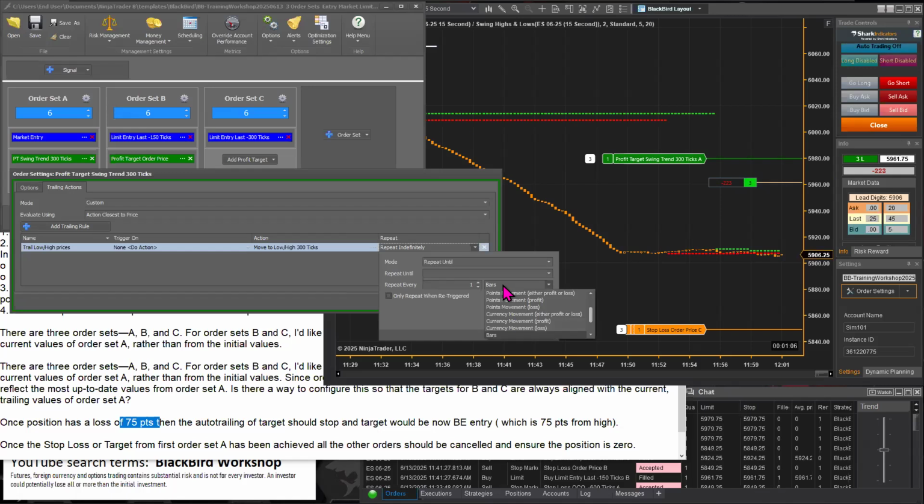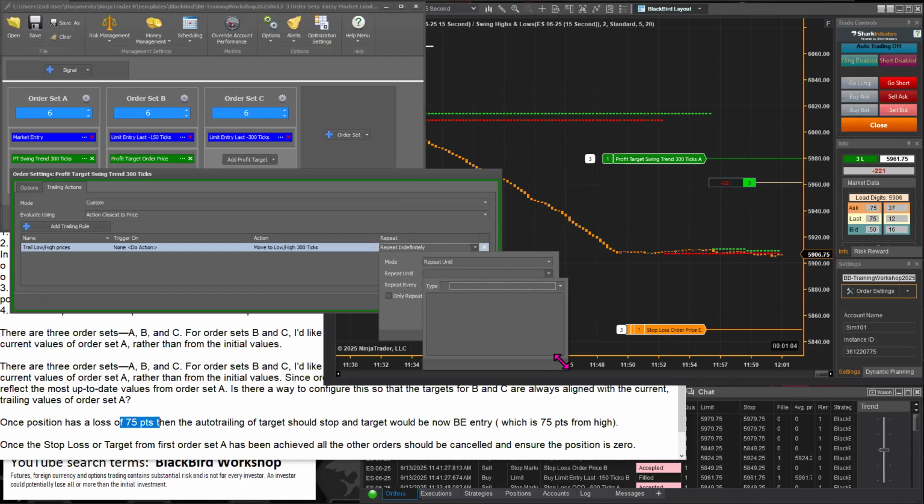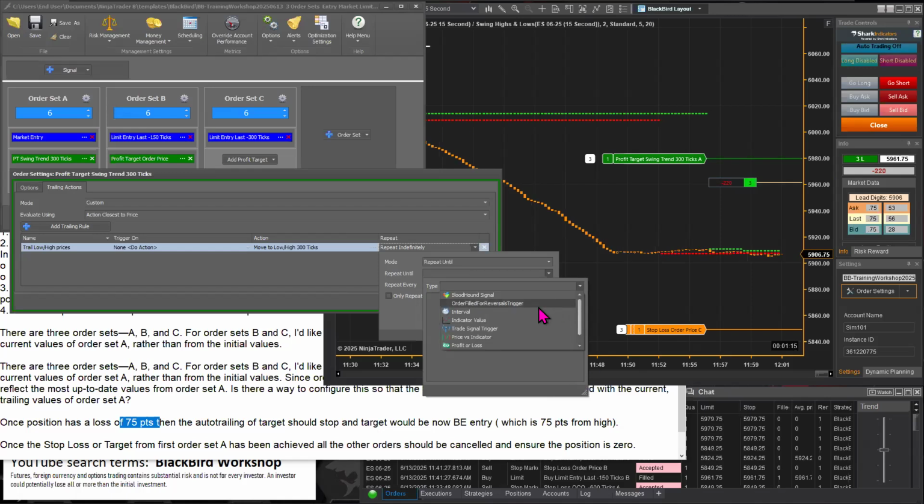And let's see here. We'll switch this over to a tick by tick. I'll switch it over to a tick by tick based on Vika's comment. All right, so now we're going to go into the repeat until menu here.